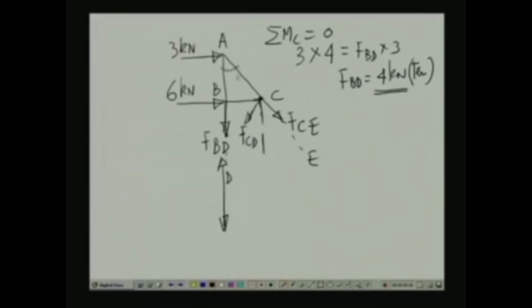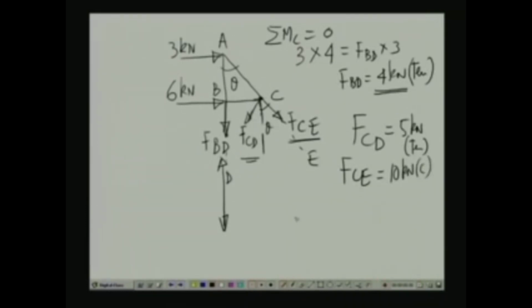Now, this particular angle we had assumed as theta, hence this is also theta, and again we can take the horizontal and the vertical equilibrium of all the forces, and we can compute the values of FCE and FCD, and thereby the value of FCD we will get as equal to 5 kilonewton, and this is a tensile pull, and the force FCE we will get as 10 kilonewton, which is a compressive force.